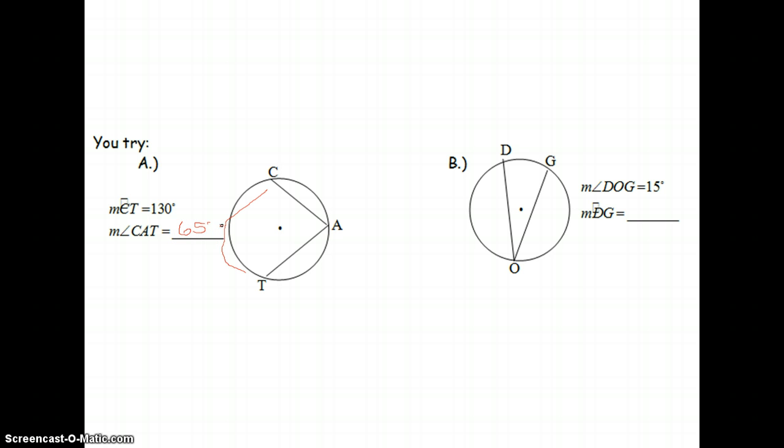We just take 130, divide it in 2. Now let's look at example B. I'm given that the measure of angle DOG equals 15 degrees, so DOG is 15. Therefore, the measure of my arc DG must be, you got it, 30 degrees.